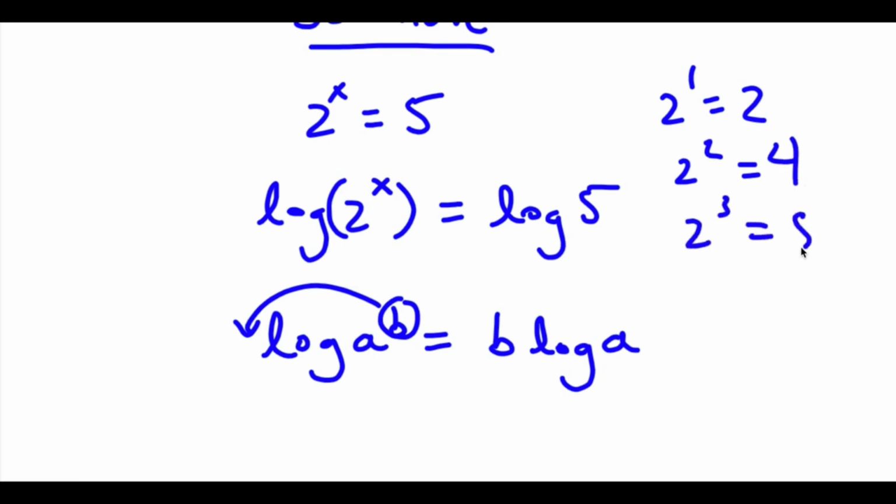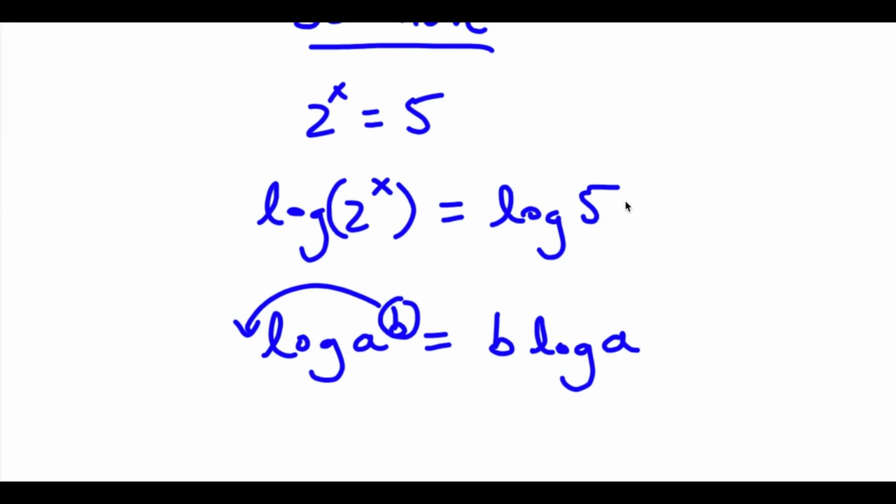And 2 to the power of 3 is equal to 8. So the value of x is going to be somewhere in between 2 and 3. So now we're going to use this property, and we are making x a real term. And now it's going to be really easy to solve for x.